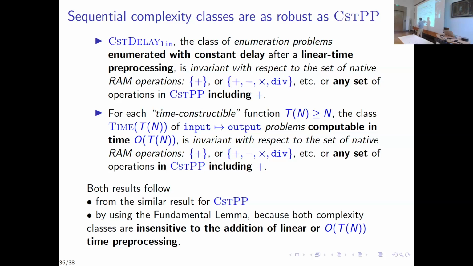It follows from the similar results I mentioned, using the fundamental lemma, because I use two things: you have lockstep simulation, but you also use a pre-computed linear time procedure, or O(T(n)), for this. So it's invariant.